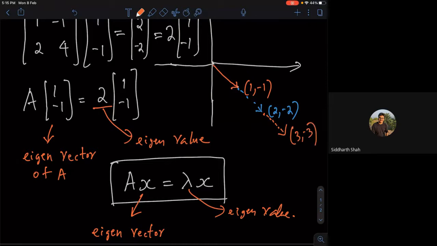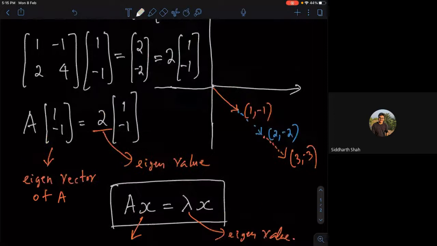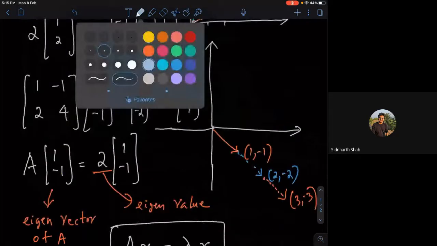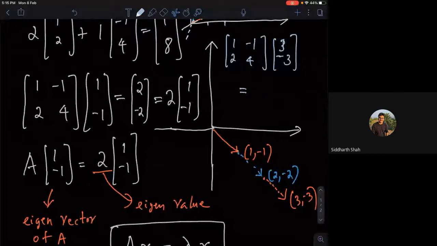Any such vector I take, let's just see that. What happens if I do 1, 2, minus 1, 4 with 3 minus 3? What do I get? I will solve it myself. It's going to be 6 minus 6. Yeah.